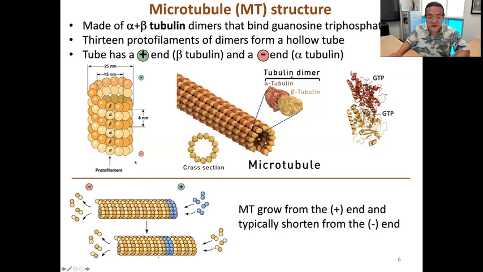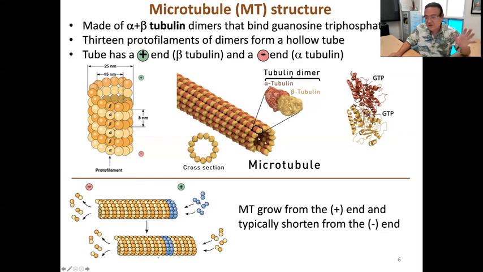You can see in this illustration, microtubules grow from the plus end. So in this top illustration here, you have a microtubule of some length already, right? So the plus end would be the end where the beta tubulins are ending over here. This is where the next dimers of these alpha and beta tubulins get added on.